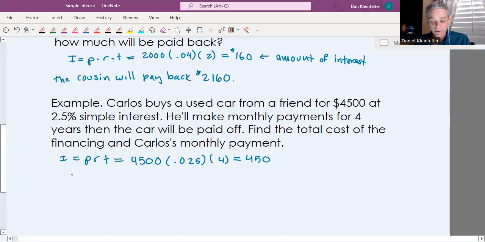The total amount altogether is the $4,500 plus the $450 in interest. And he's going to make monthly payments for 4 years. There's 12 months in a year. For 4 years, that's going to be 48 months. 48 payments.